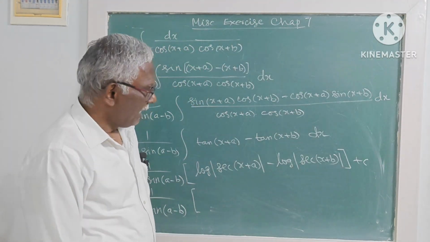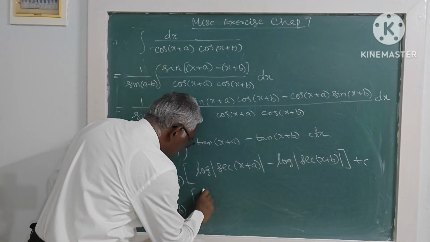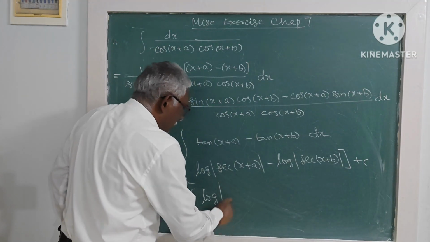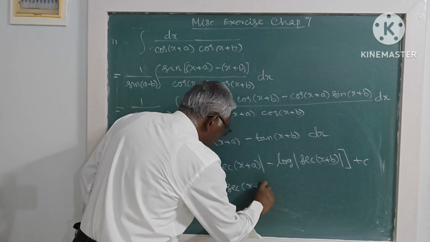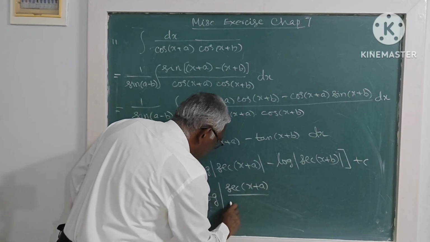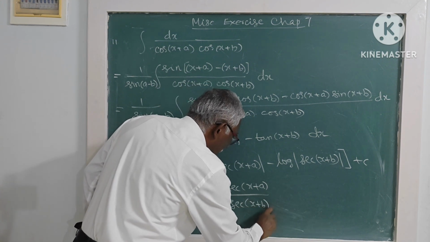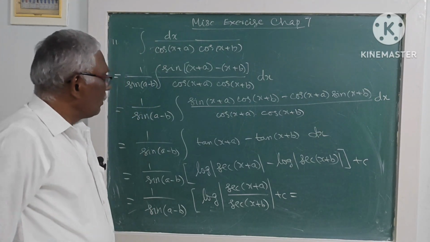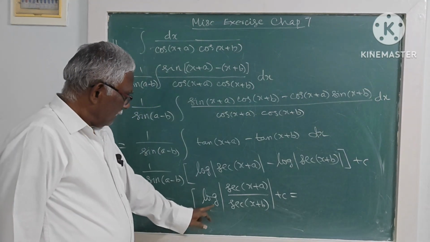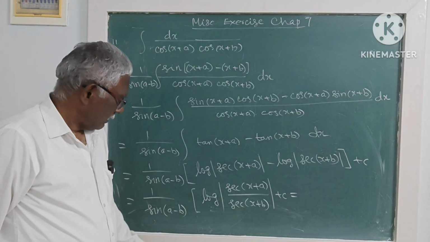What is log m minus log n? That is log of m by n. Now we can change secant into cos.